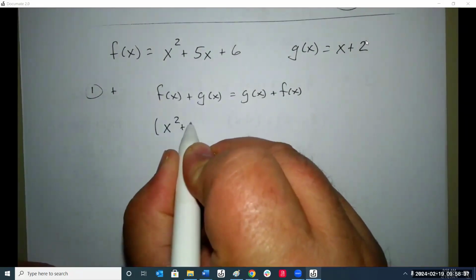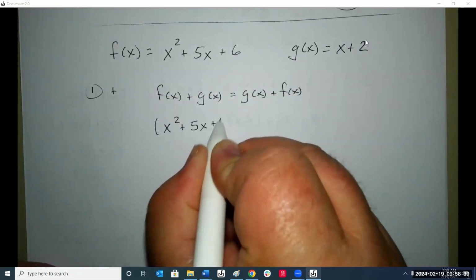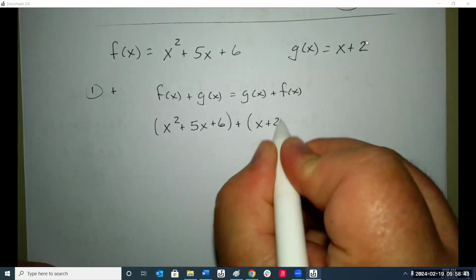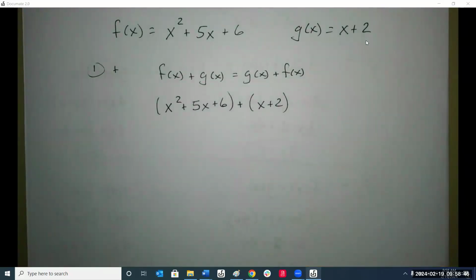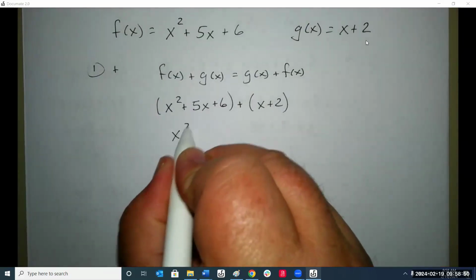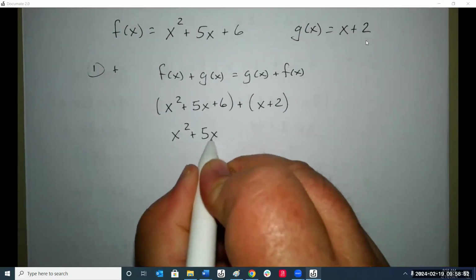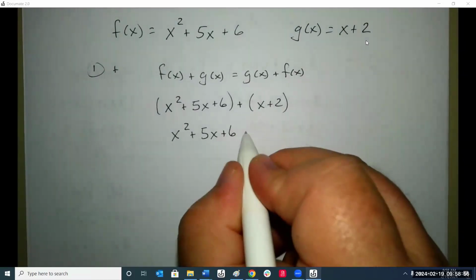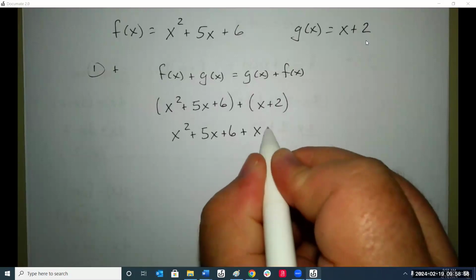x squared plus 5x plus 6 plus x plus 2. Do I need the first parentheses? There's nothing in front of it, so I could drop them. There's nothing in front of the second one except the plus, so I just drop the second one.